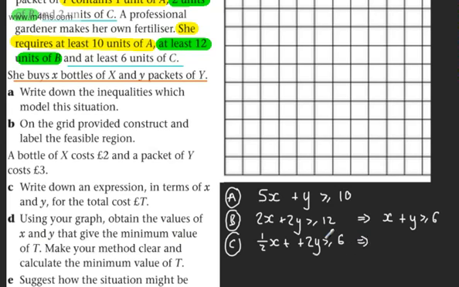So let's tidy that up and get an integer value. Multiplying through by 2, we're going to have x plus 4y will be at least 12. So there we go, that's what we've got.